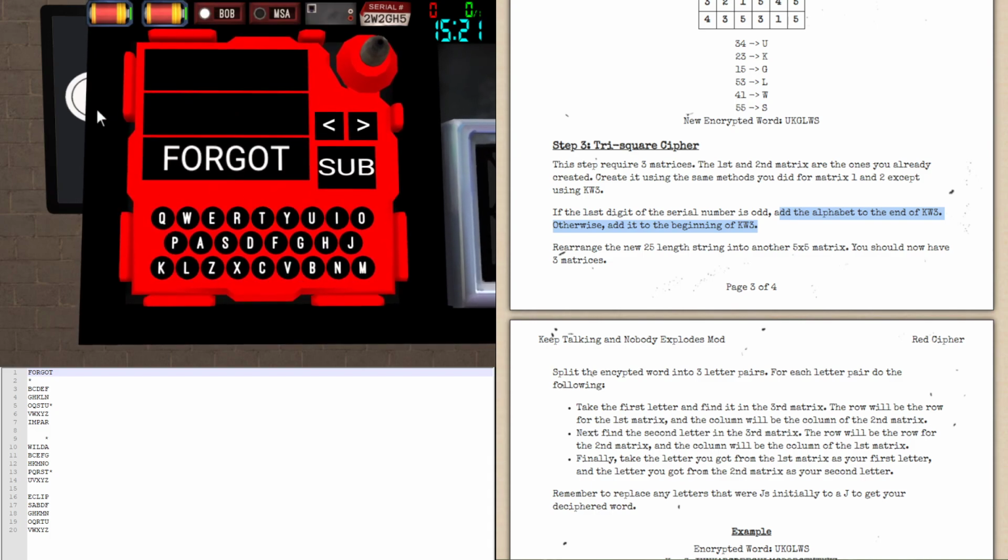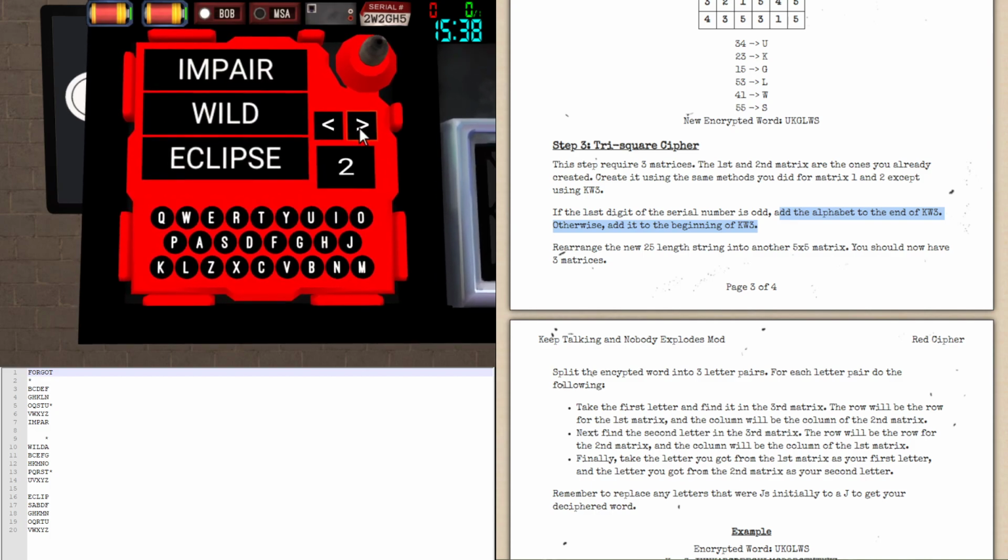Forgot, and that will start erasing any of the words that are up here. And our page number will turn into a submit button. So the second I press the submit button, it will submit whatever answer that you have. To clear out any answer, you can press any of these keys, just in case you've made a mistake.